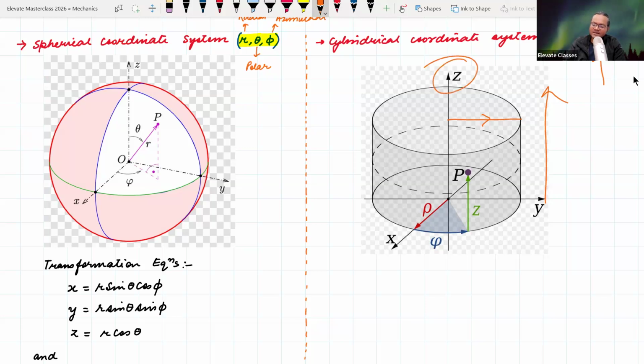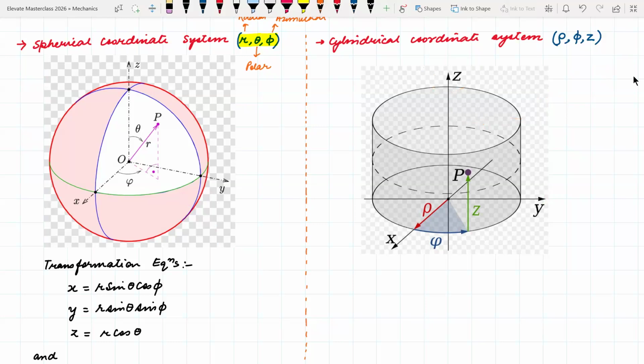So the perpendicular distance from the z axis, that is rho, and phi is the azimuthal angle as before. The azimuthal angle was with reference to the x axis, and that is the same in the cylindrical coordinates, but rho is different from r. Rho is the perpendicular distance from the axis, which is the z axis, and z is of course the displacement along the z axis. Okay.